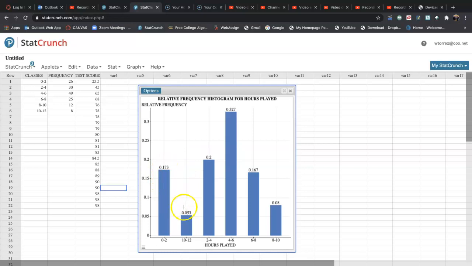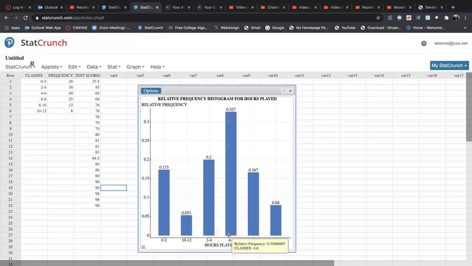The relative frequencies are given above the bars, and here you see the so-called distribution of how the data is distributed over its 6 categories. And now 4.88 is somewhere right in here.